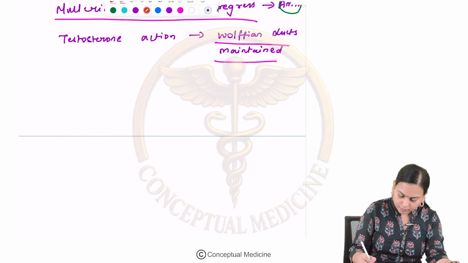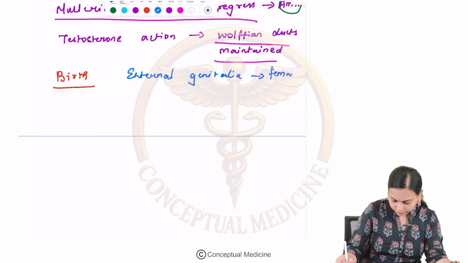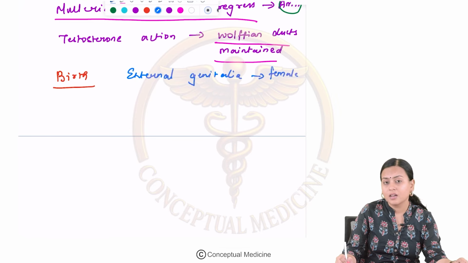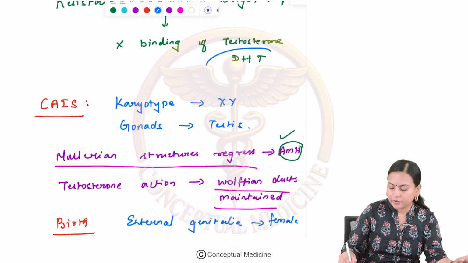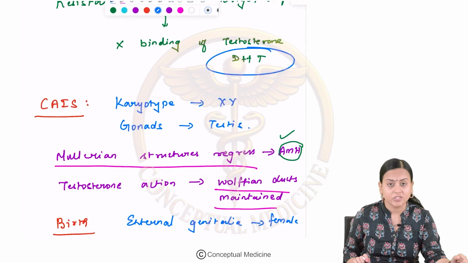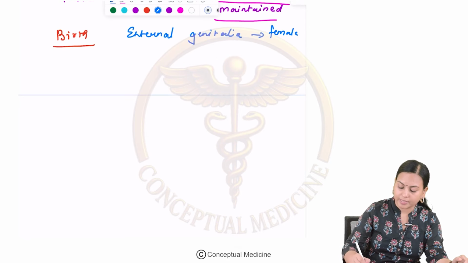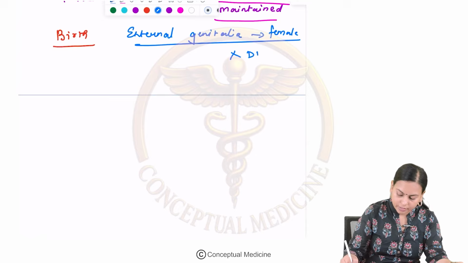So, at birth, what happens? External genitalia appears like a female because there is absence of action of the dihydrotestosterone hormone also. So, this is responsible for the external genitalia development. So, at birth, external genitalia will be seen like a female because there is no dihydrotestosterone hormone action.